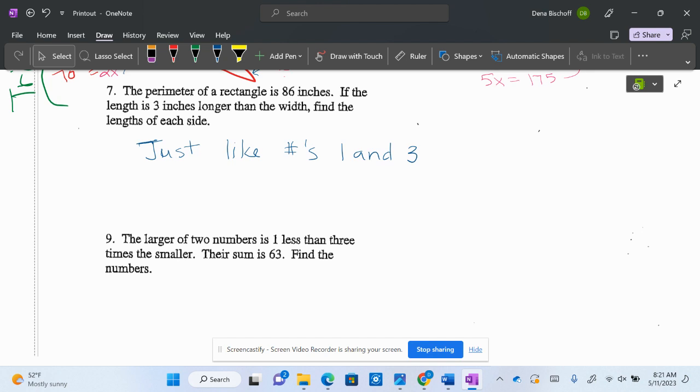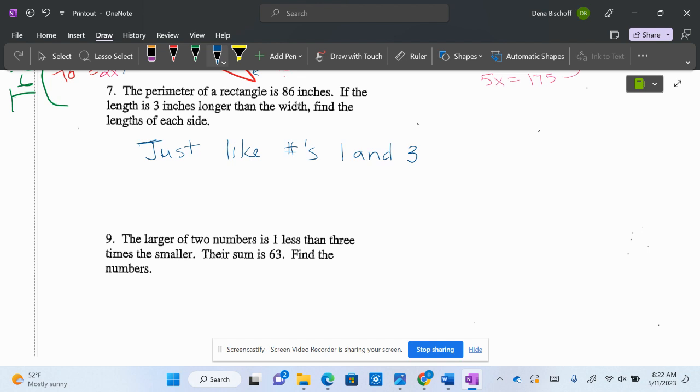You just have to kind of read through it. So we're talking about two numbers, okay? It says the larger of two numbers is 1 less than 3 times the smaller.